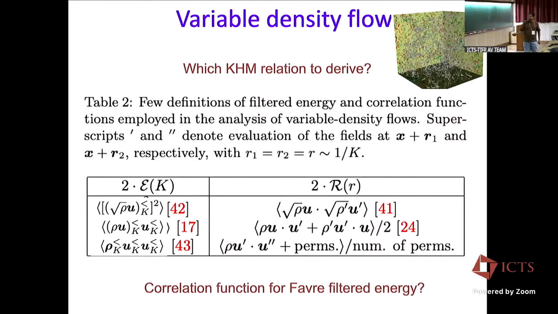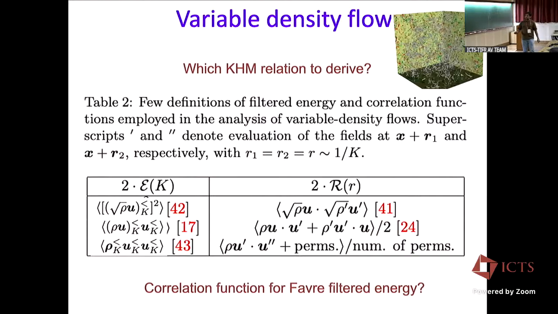If you are using rho filtered times u filtered times u filtered, then you are in a different situation. You have 3-point correlators, which is rho of x, u at x plus r1, u at x plus r2, and all the possible permutations.